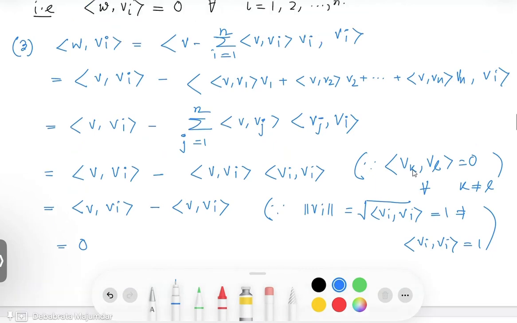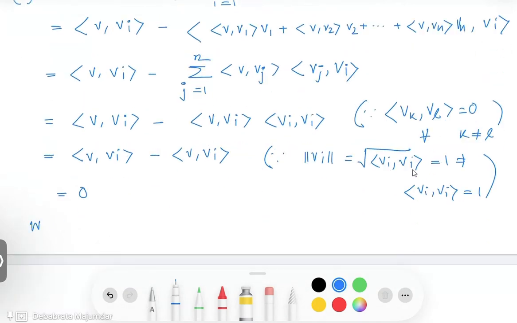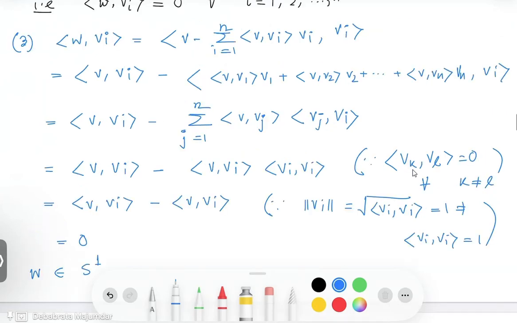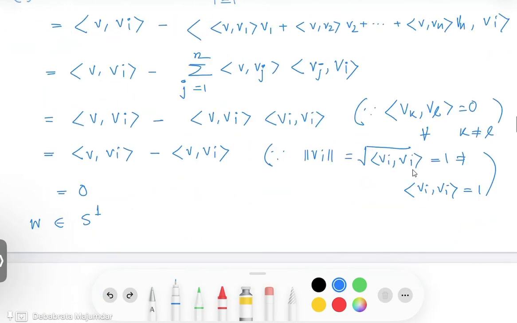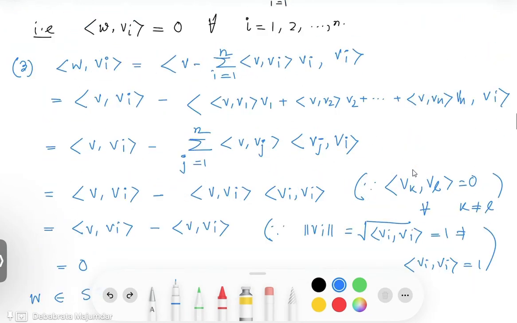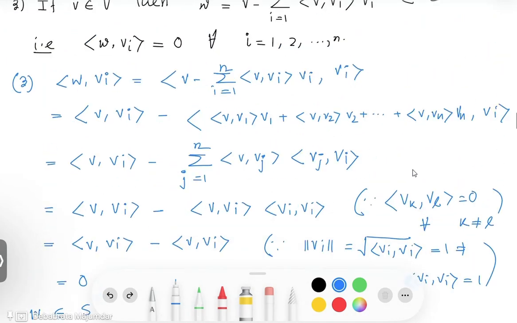So what we have seen is w belongs to S bar because the inner product of w and vi is zero, and this is true for all i's, right? Tell me, this is true for all i's, right?